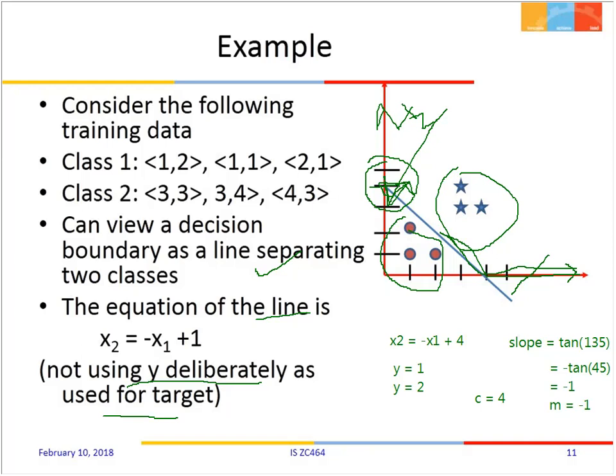Replacing m by minus 1, I get x2 equals minus x1 plus 4. I used the earlier one erroneously, because that is not the correct separator between the two classes. Are you getting it?